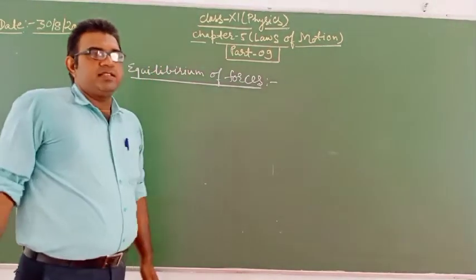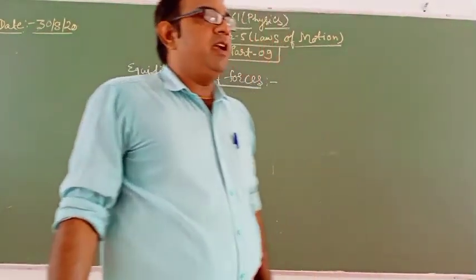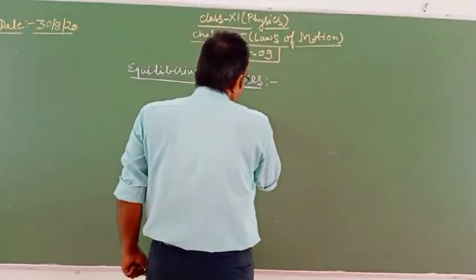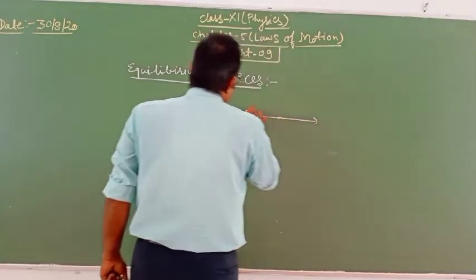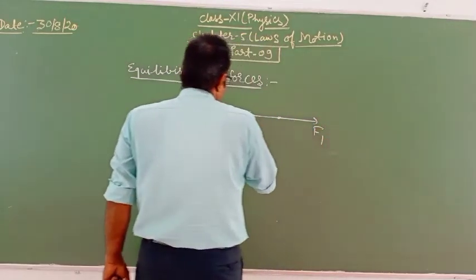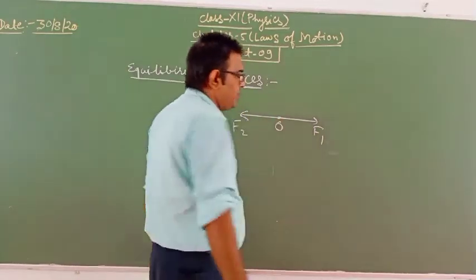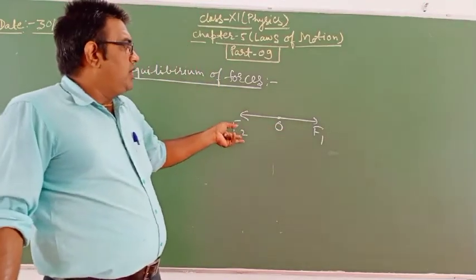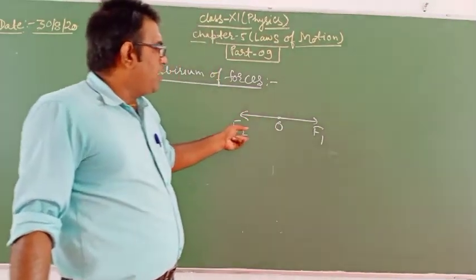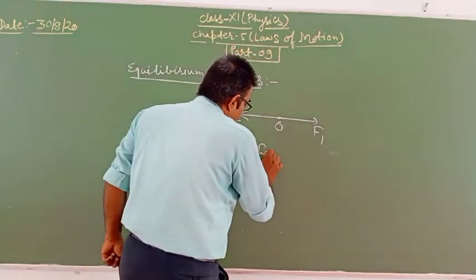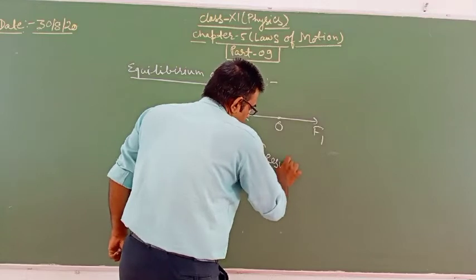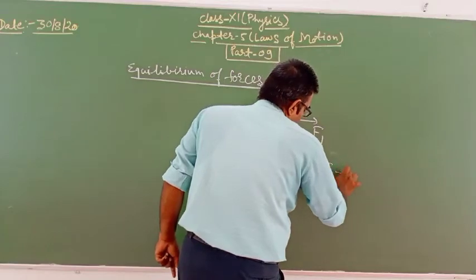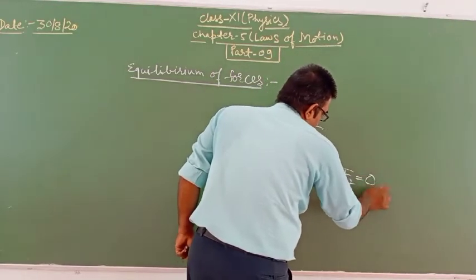Yes, students, while discussing equilibrium of forces, we had discussed two cases. In the first case, if there are two concurrent forces F1 and F2 acting at a point O, and they are equal and opposite, then the resultant force F resultant is equal to F1 plus F2, and it is equal to 0.